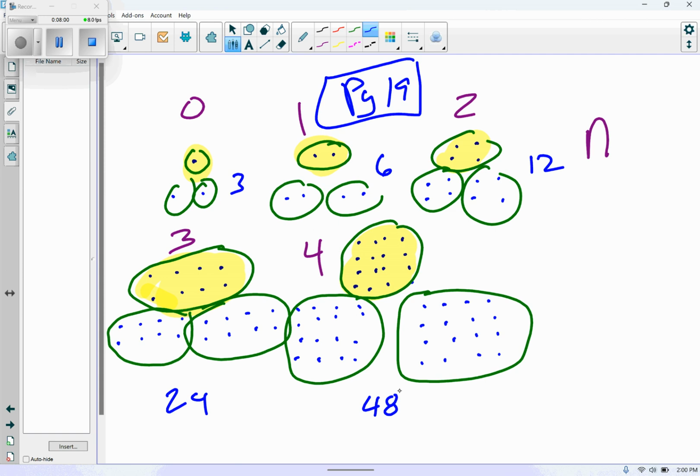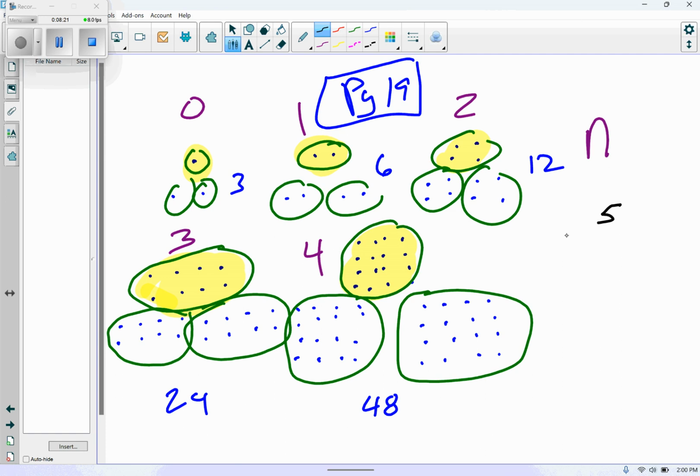So the 5th pattern is going to be, let's see, 32.